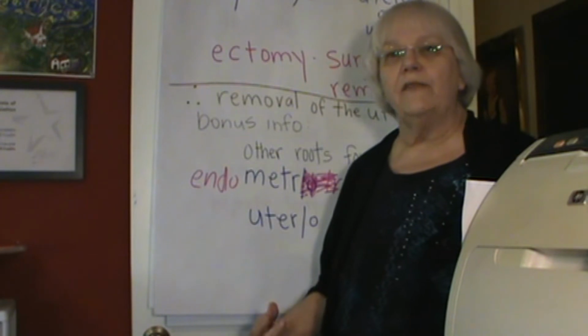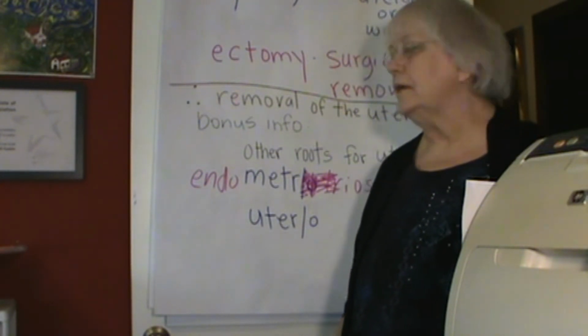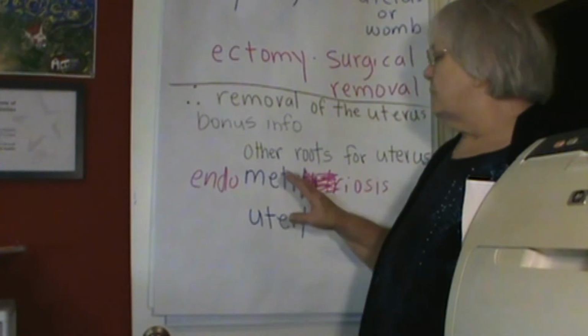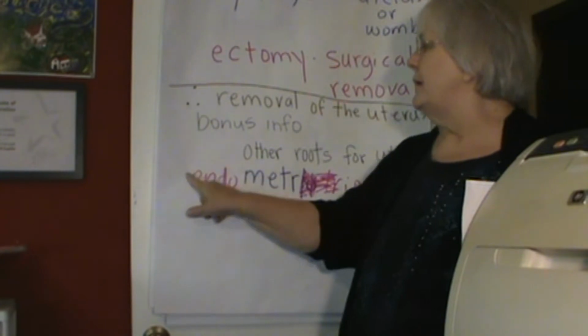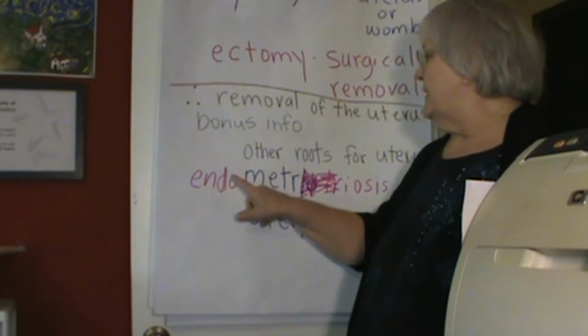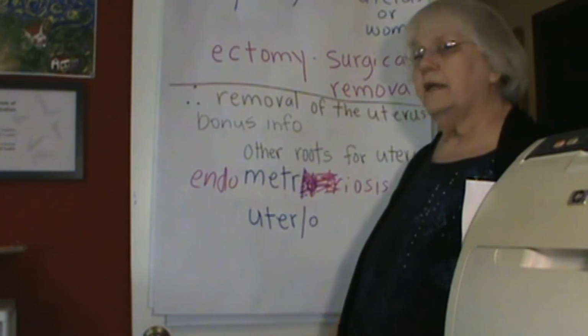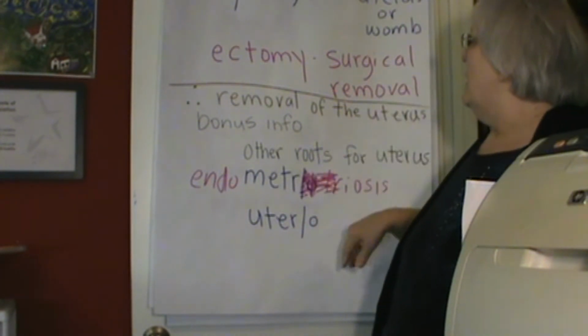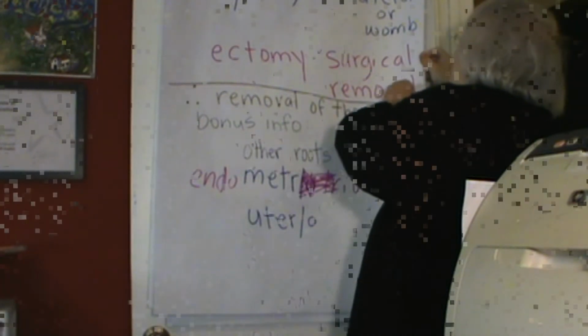And if you have had this disease, then you know how difficult that condition can be. But the reason I bring that up is that METR also means uterus. Endo means inside. So the inside lining of the uterus, condition in which it is found in abnormal locations in the body. So we're going to be using all three of those root words today, but mainly we'll use hystero.